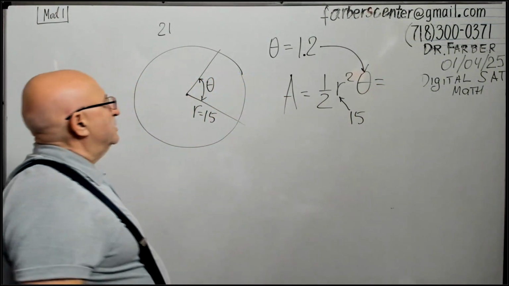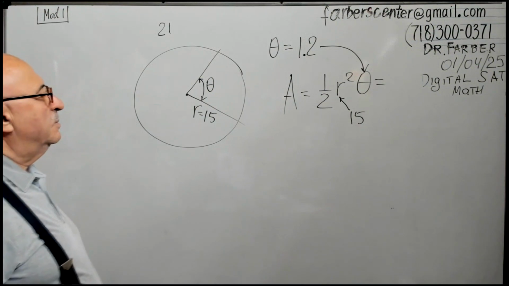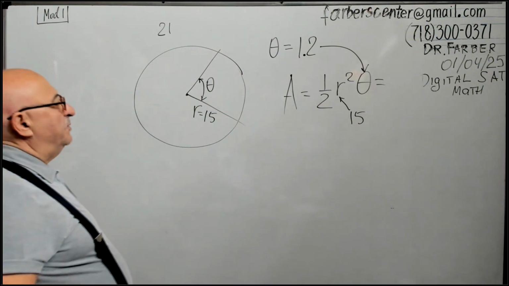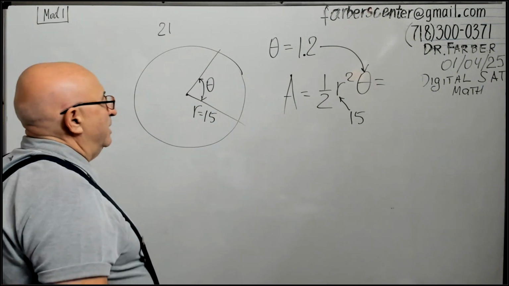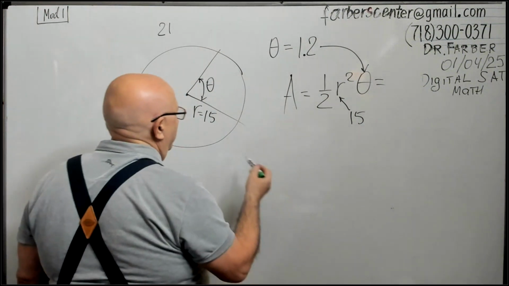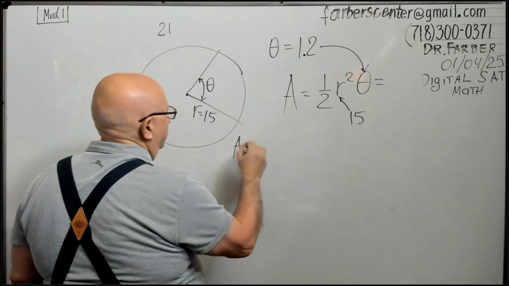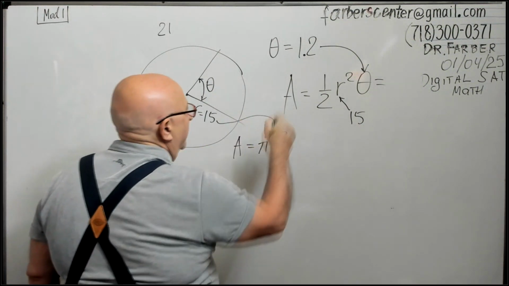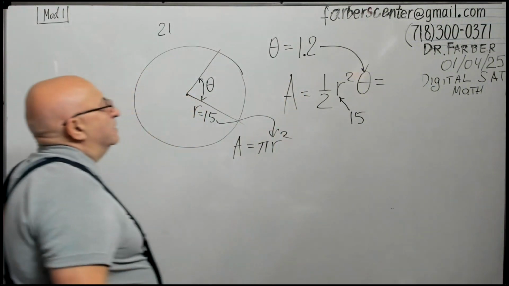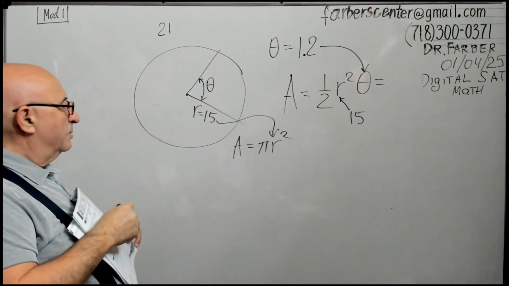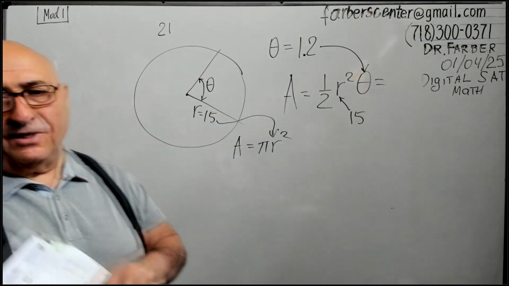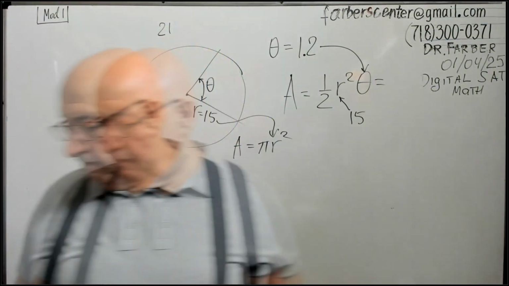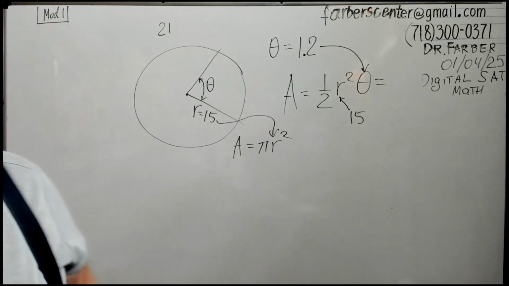A typical question from this test. The area of a circle is a fourth-grade problem, because area is pi r squared. If they ask you, they meant the sector for sure. You will not get on the SAT a question to find the area of a circle when you have the radius. You understand this 100%.